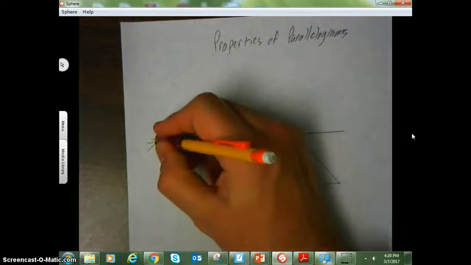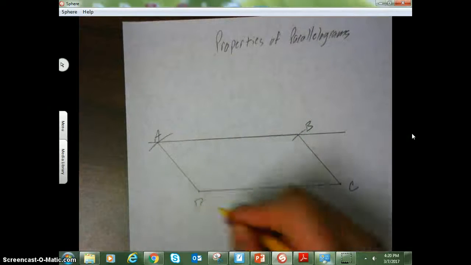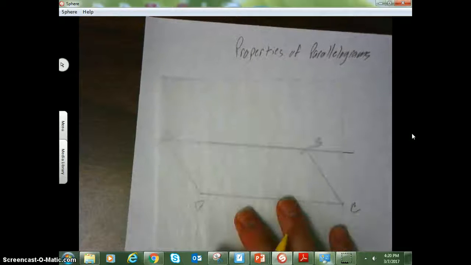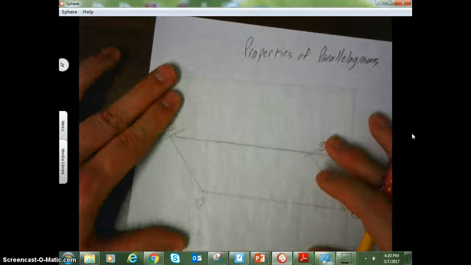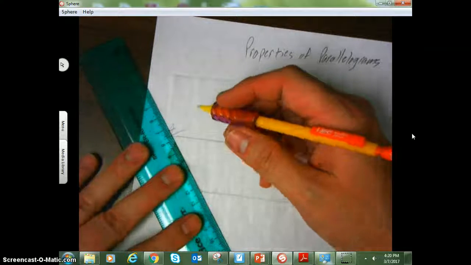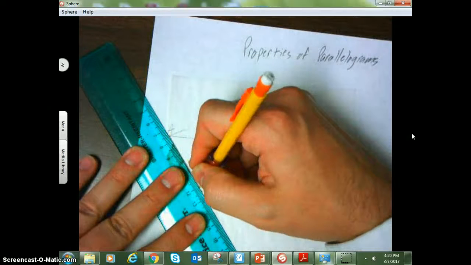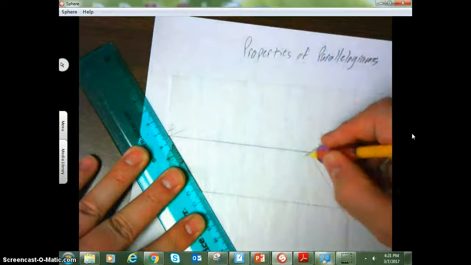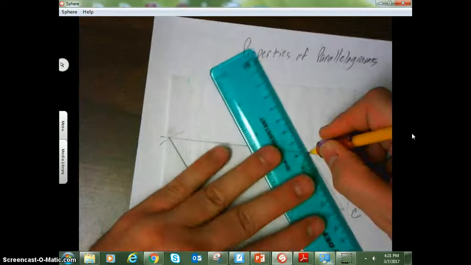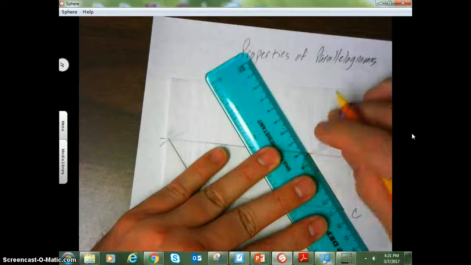I'm going to call this quadrilateral A, B, C, D. Before we go too much further, we're going to trace this quadrilateral on our patty paper, because we're going to use the patty paper to help us verify some things on the figure without having to spend a lot of time measuring them.